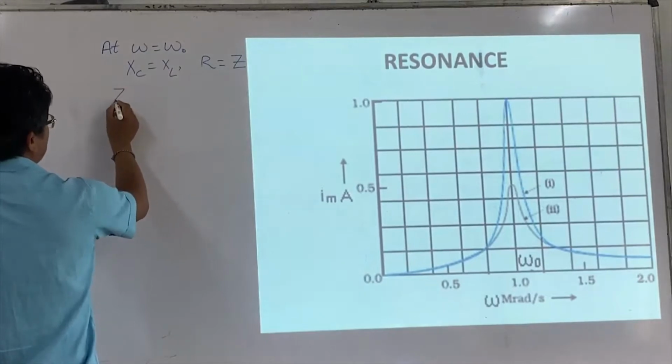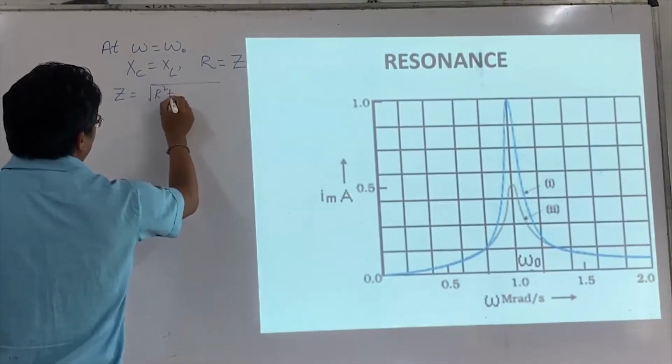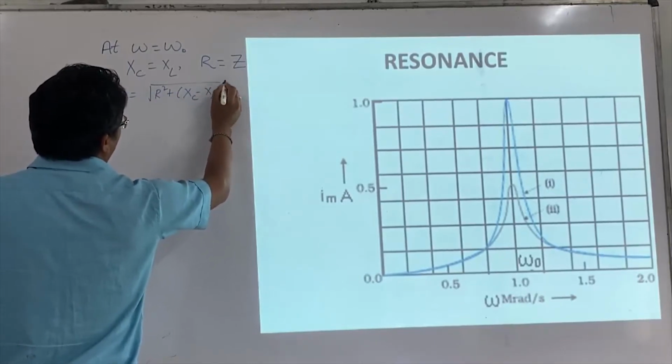We normally say that Z is equal to the root of R squared plus (Xc minus XL) whole squared.